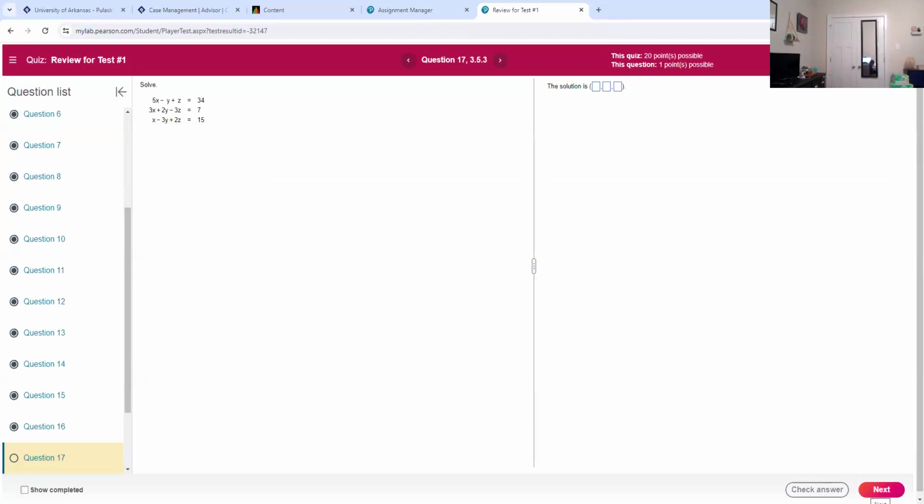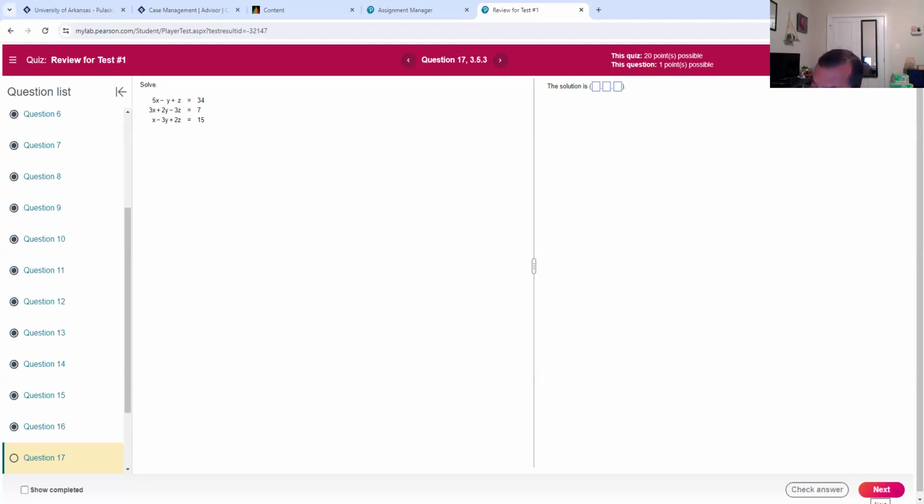All right, so let me get more paper over here. Oh, so we're solving the big system here, right? So for 17, I got 5x minus y plus z equals 34. 3x plus 2y minus 3z equals 7.